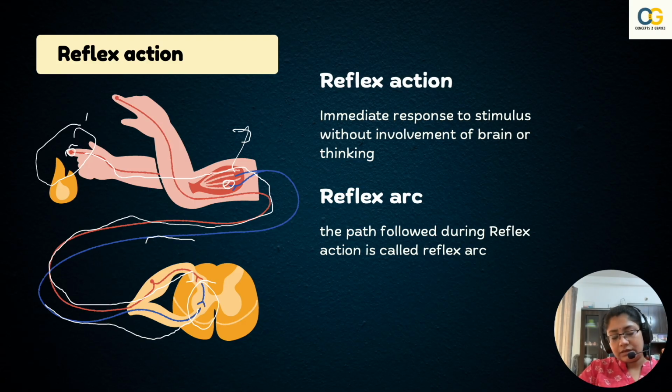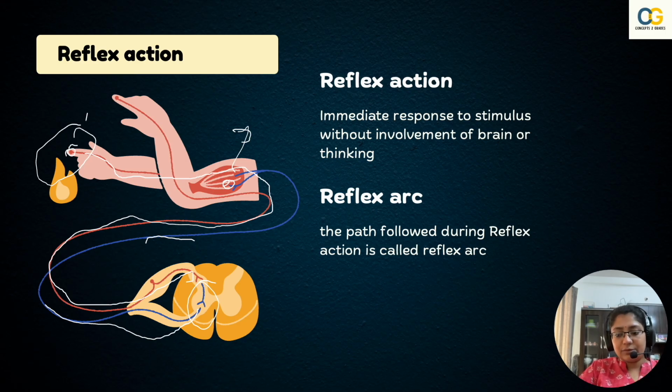In some situations, you might be given a situation where you have to do a reflex action and they'll ask you what is the path followed. You have to mention these things: stimulus, then receptor, then the sensory neuron, then the relay neuron, then the effector neuron or the muscle neuron, and then to the effector or the muscle. You have to write this path to show the reflex arc path.